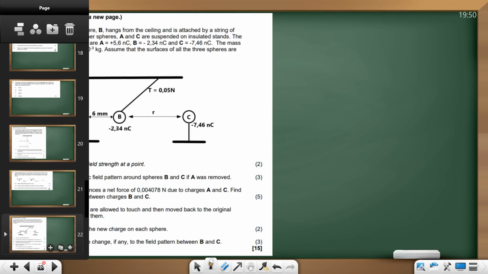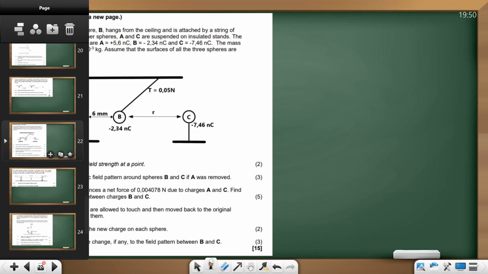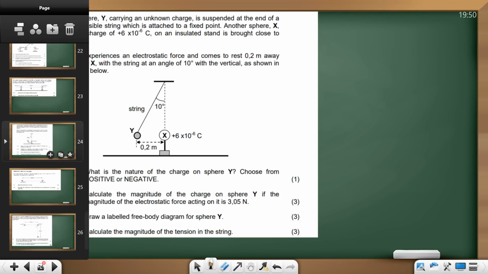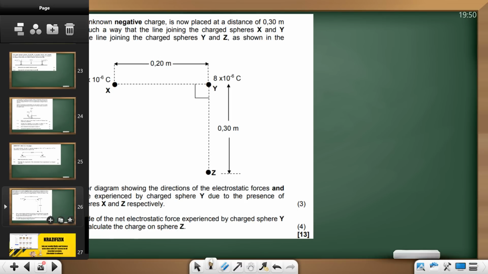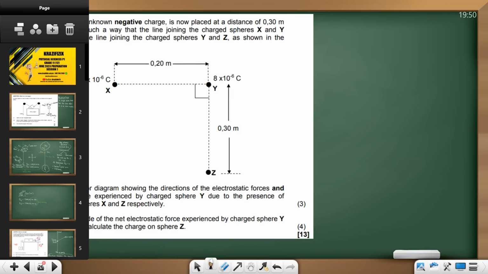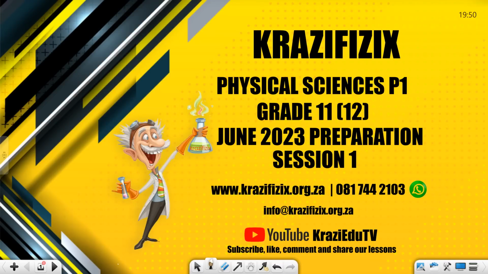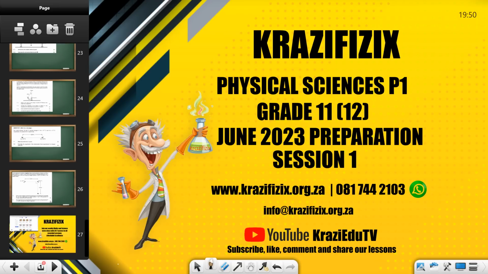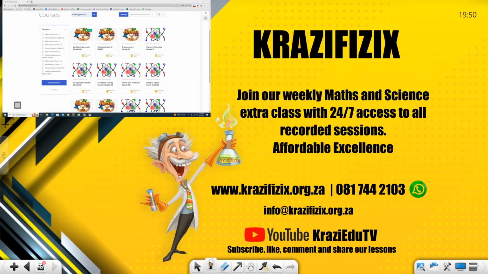I kept seeing things. I couldn't let go. I have that. Look at this one with string. I just couldn't let go. I added this one. They're just too nice. I don't know which one to drop. And I still need to add the one of graphs for electrostatics. So that's why I decided this would be session number 1 for our physics part. I'm going to try to just do one more for session 2.